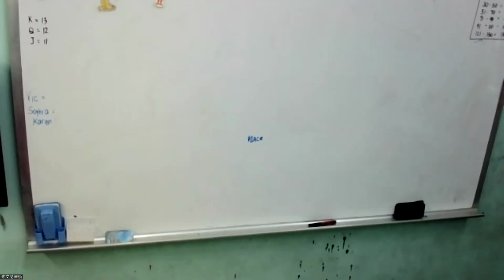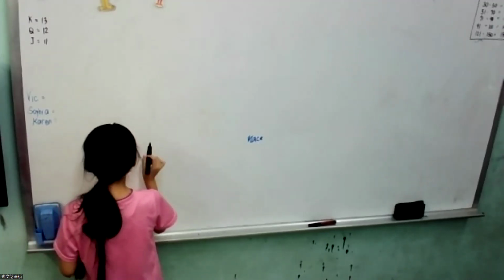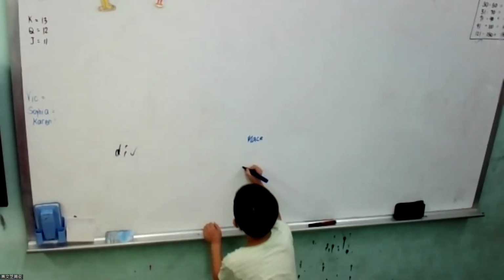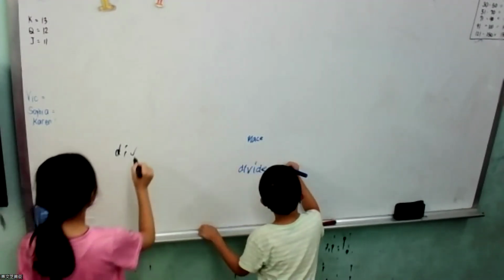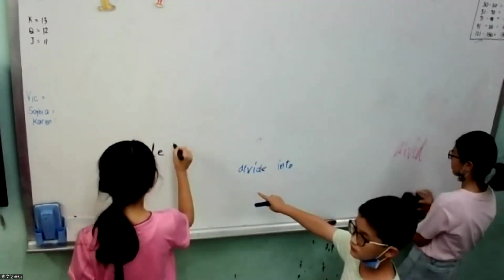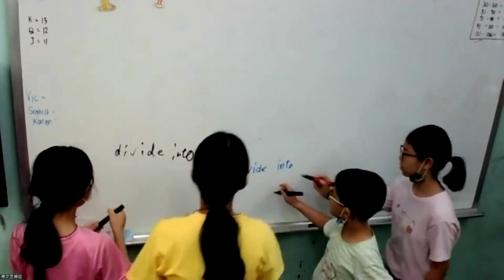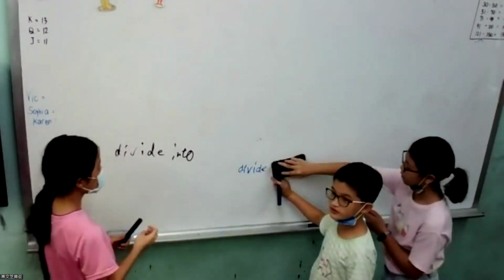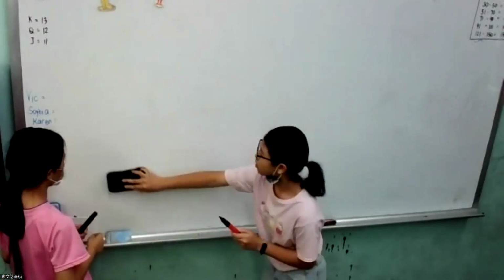They are January, February, March, April, May, June, July, August, September. Teacher, I'm done. Okay, it should be divided, but it's okay. If you use it in a sentence, it's divided into. Okay, yeah, it's okay. Got a card? Okay, next.